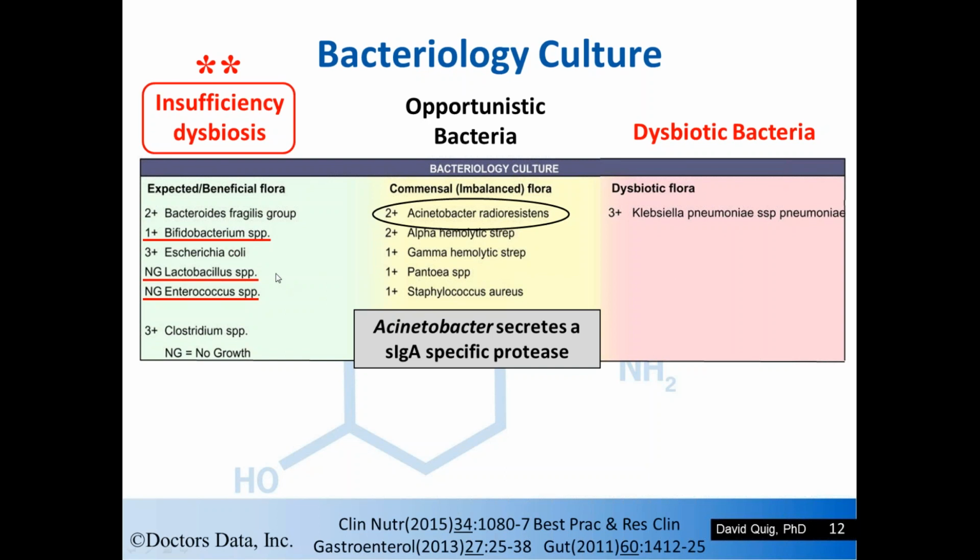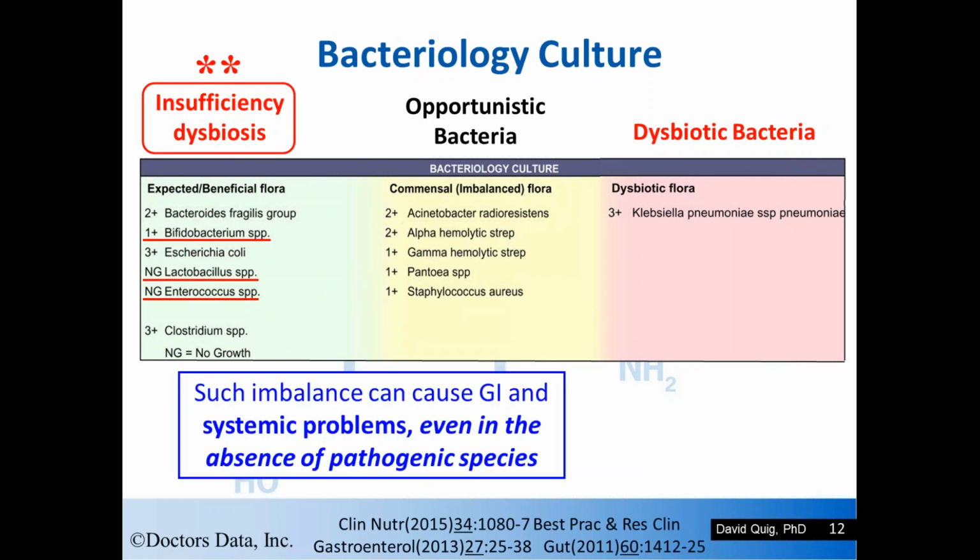So with such an insufficiency dysbiosis, a compromised mucosal barrier, it's not unusual to consider this as a train wreck waiting to happen, where ultimately we get overgrowth of dysbiotic bacteria. But it's important to keep in mind that just the insufficiency dysbiosis and the bacterial imbalance can be associated with not only gastrointestinal symptoms, but even systemic conditions, even in the absence of pathogenic species.